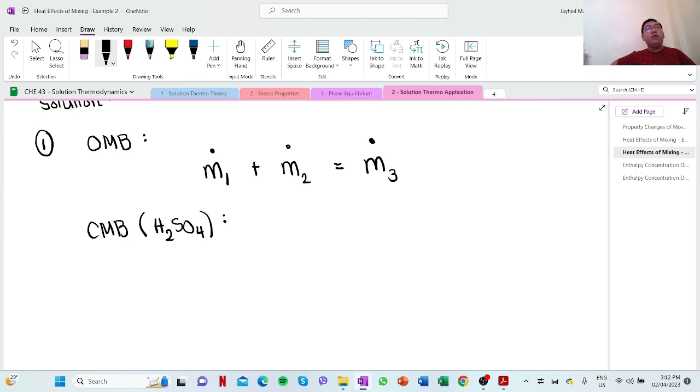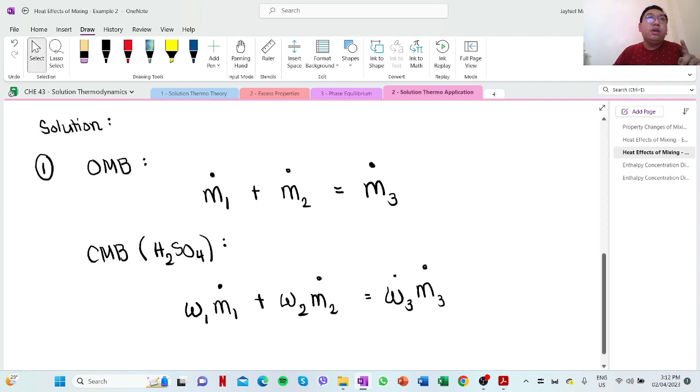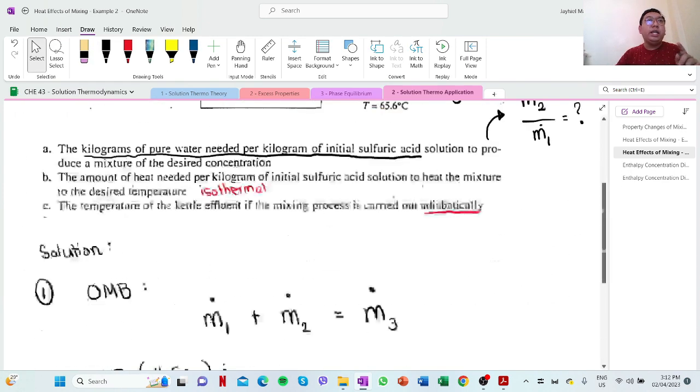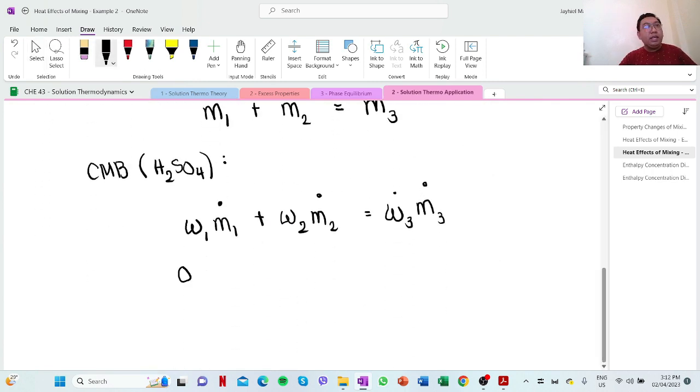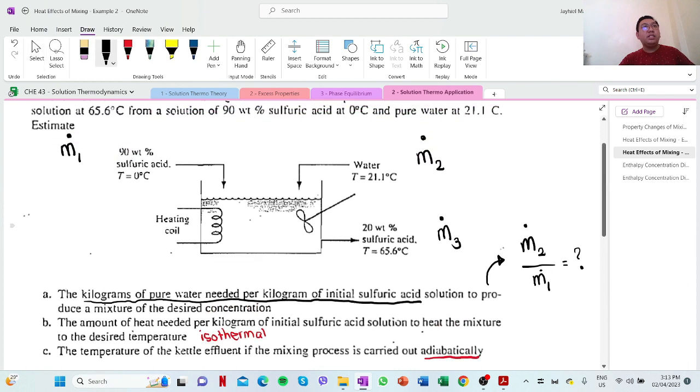So we have W1 M1 dot plus W2 M2 dot is equal to W3 M3 dot. For W1, that is 0.90 because that is 90 weight percent sulfuric acid, as you can see here.